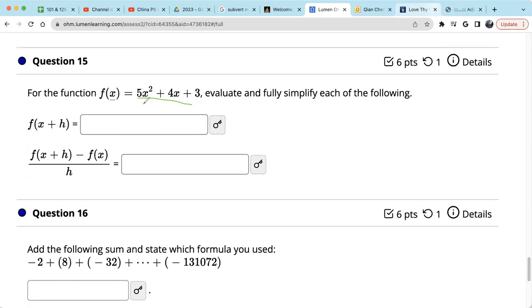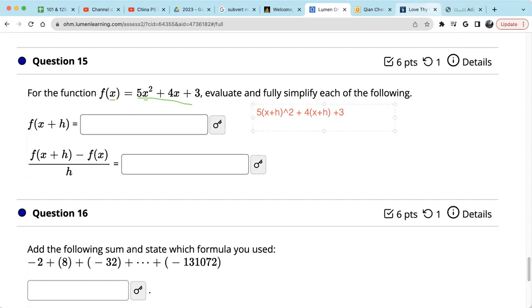So we need to follow the function, but change x squared to be x plus h squared. Let me type. Okay. So that equals to 5, doesn't change, x plus h squared, then plus 4 times x plus h, because our input is x plus h, then plus 3.